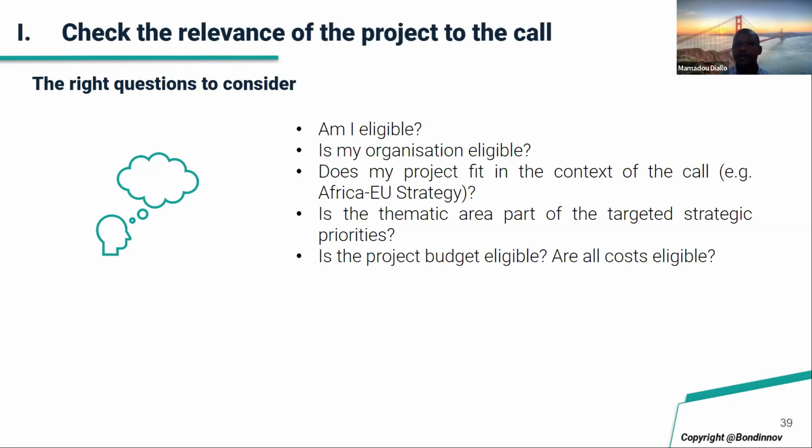Does my project fit in the context of the call? Remember yesterday we talked a lot about the context, and even in this RISE example, they have given you a lot of context in which they call for projects. So does your project fit in the context?